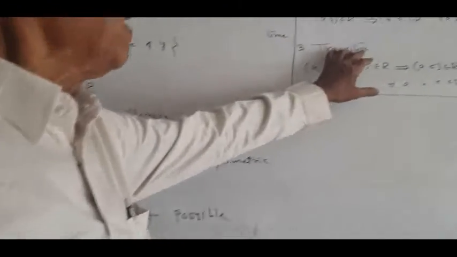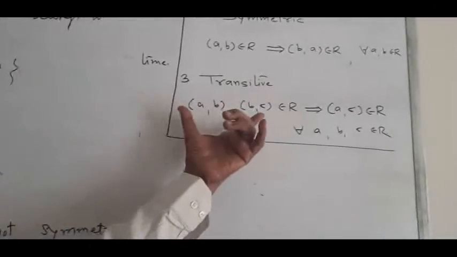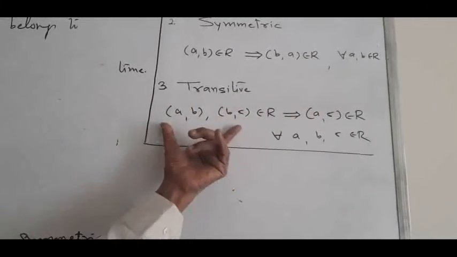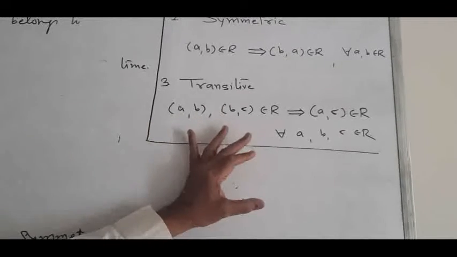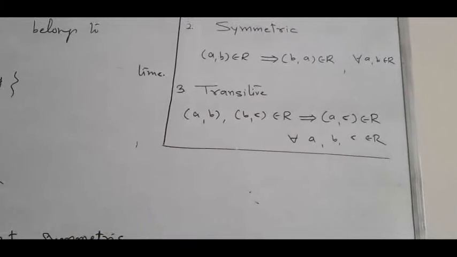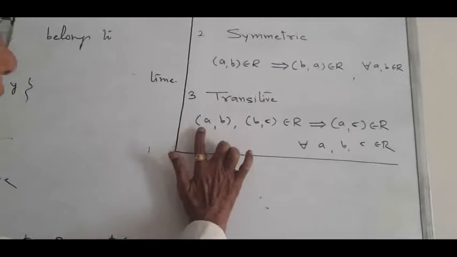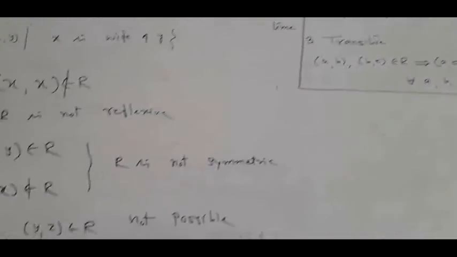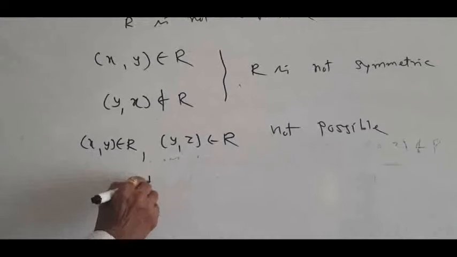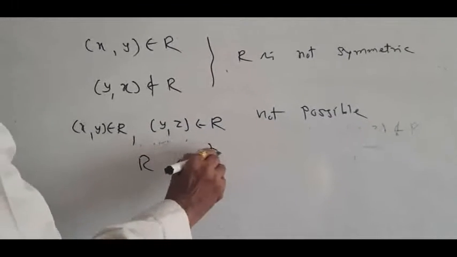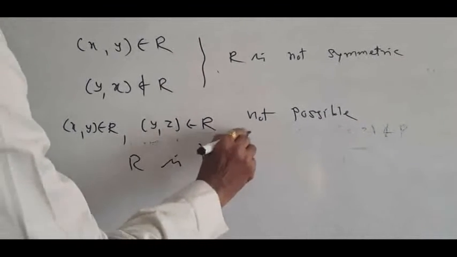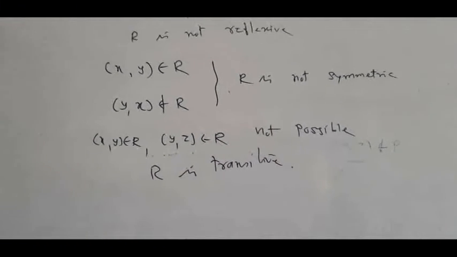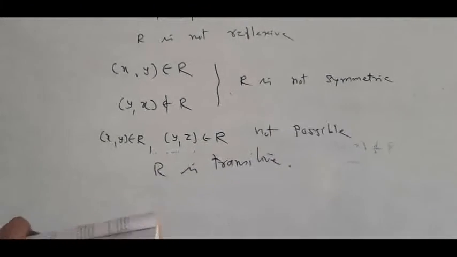When a relation is transitive, if we can get such ordered pairs, then (a, c) belongs to R for every such two ordered pairs, then the relation is transitive. But if it is not possible to get such ordered pairs, then also the relation is transitive. Here we are not able to get such ordered pairs, therefore R is transitive. This relation is not reflexive, not symmetric, but it is transitive.